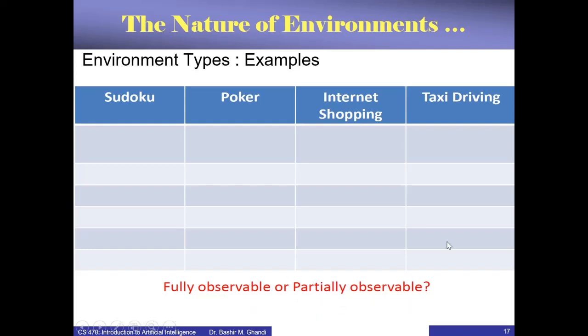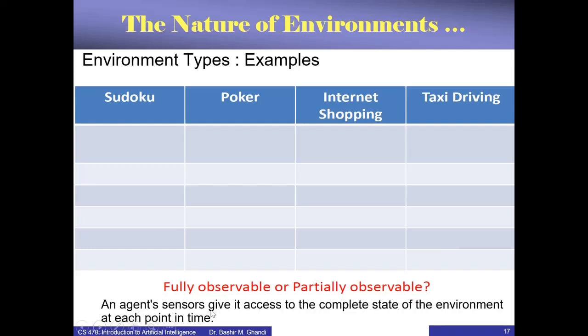Okay, so to begin with, let us remind ourselves what is meant by fully observable and partially observable. If an agent's sensors give it access to the complete state of the environment at each point in time, then that environment is said to be fully observable. Otherwise, it is partially observable.